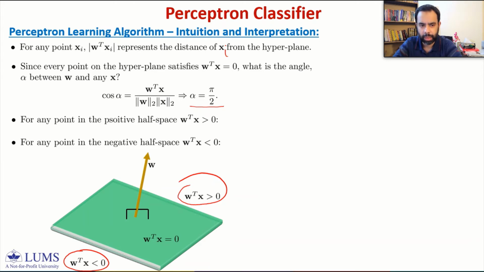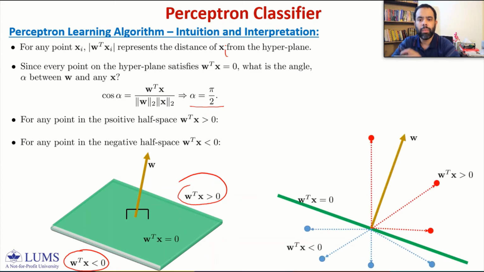Let's visualize this. Looking from this side, we have W transpose x equal to 0, the same hyperplane. This is the positive half space, this is the negative half space. We have red points in the positive half space, and blue points in the negative half space.